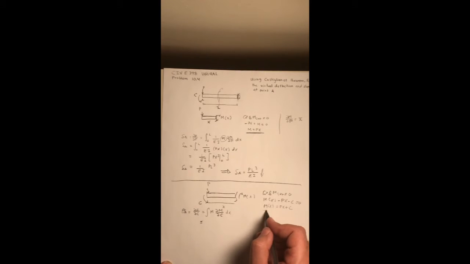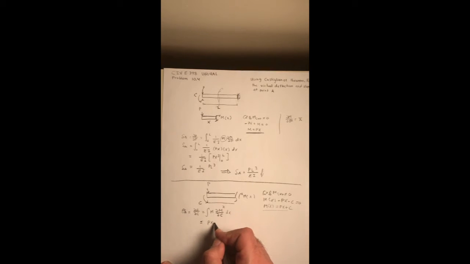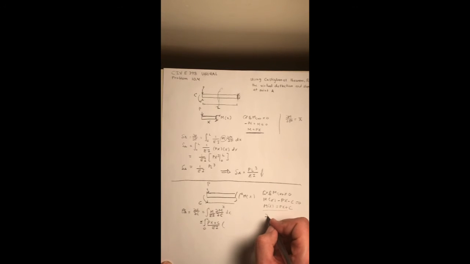I'm going to plug in our moment, so Px plus C, over EI. So the integration over EI from 0 to L, the length of the beam, and the derivative of M with respect to C is plus 1.